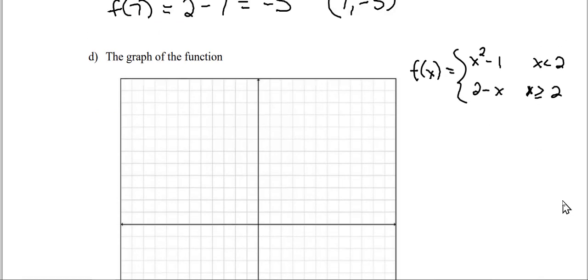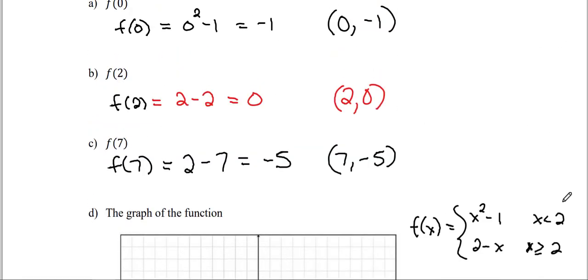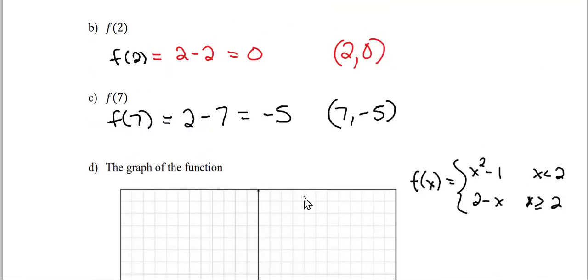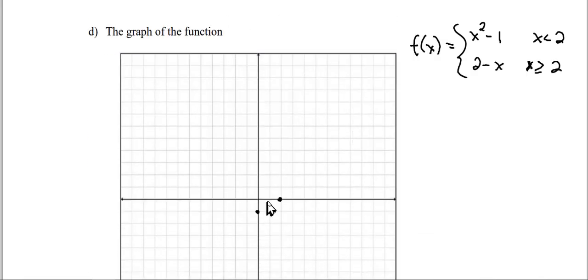We have a couple of points. Should we just plot those points? 0, negative 1 is here. We have 2, 0. X is 2, y is 0 there. We have 7: 1, 2, 3, 4, 5, 6, 7. Negative 5: 1, 2, 3, 4, 5.